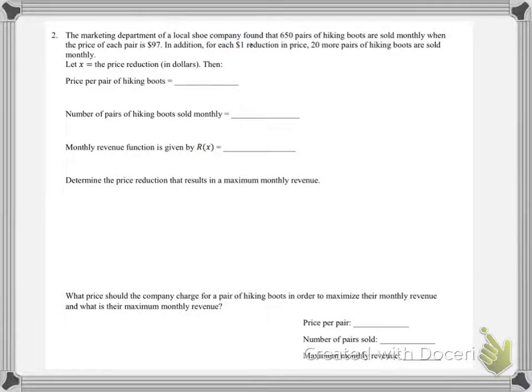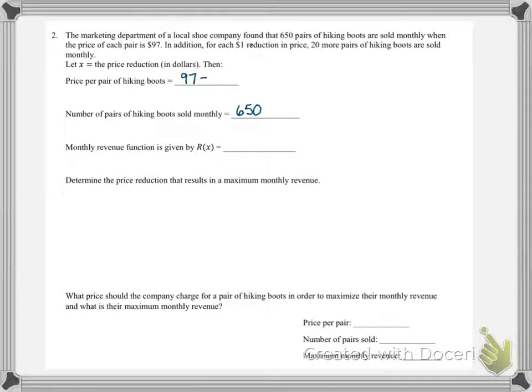So we have x representing the price reduction. The first thing we want to do is represent the price and the quantity as an expression. We know that the price of $97 corresponds to a quantity of 650. However, I want to change the price. I want to lower it, right? So what operation should I do to lower the price? Subtraction.